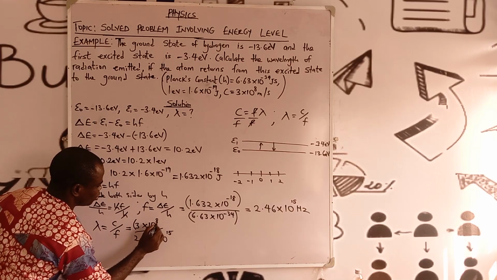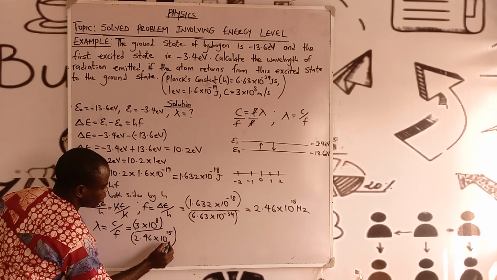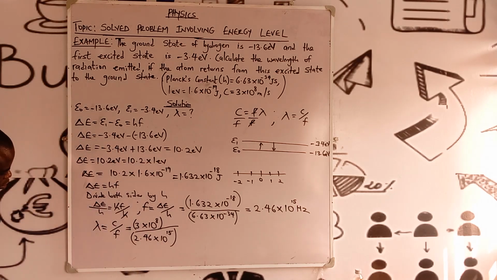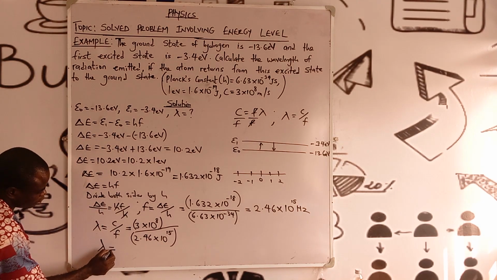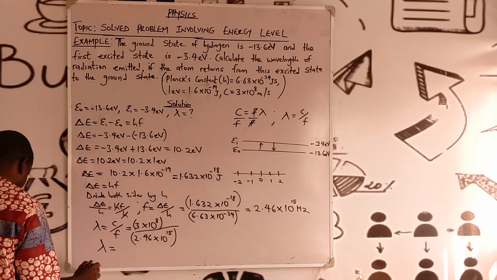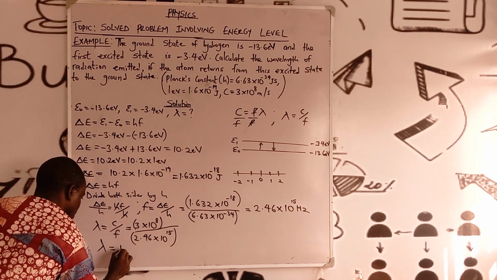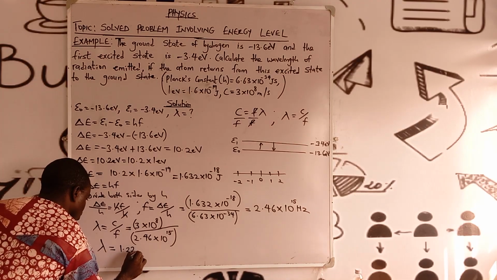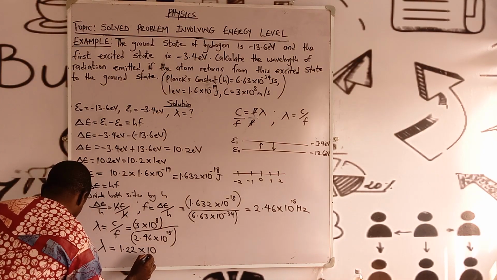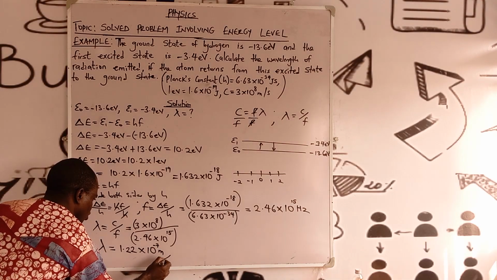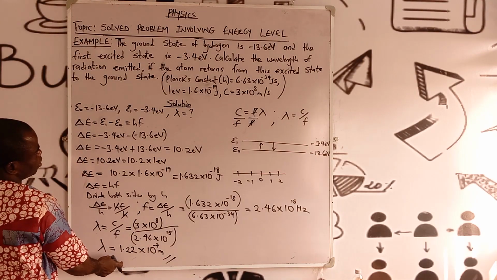Please don't forget to put it in brackets before dividing with your calculator. When you do that, your wavelength equals 1.22 times 10 to the power minus 7 meters. The unit of wavelength is meters.